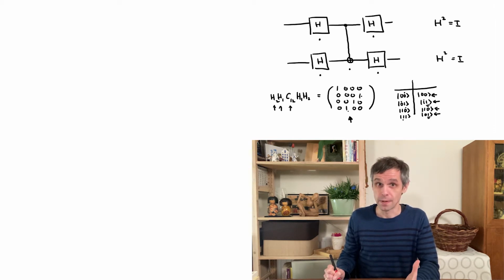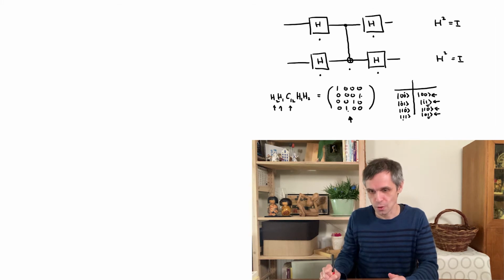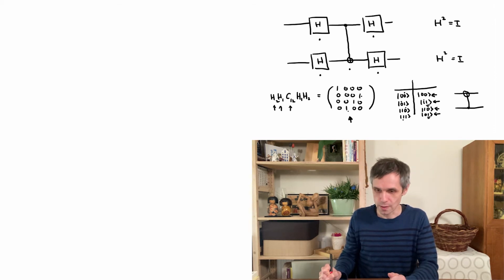So this has a very straightforward interpretation, namely as a controlled NOT gate, but one where the role of the first and the second qubit has been interchanged. So it's now the second qubit, which is the control qubit, and the first qubit, which is the target qubit. So following our earlier convention, to indicate these 2 different rows of the qubits, we call this C21.